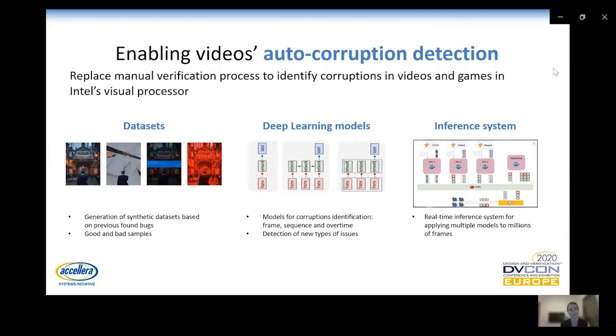So what we have done, the first step was to actually generate data sets. So we needed to train them. In order to train the algorithms, we needed to select videos, some of them with corruptions, so the algorithms will know to identify what is a good video or a good frame versus a corrupted one.